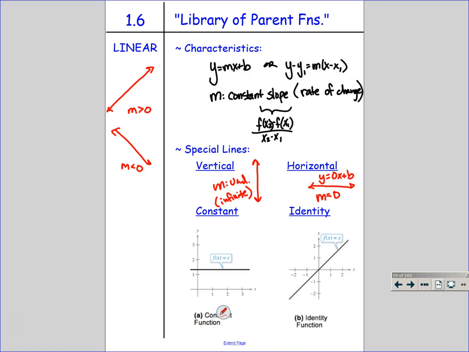The two most basic parent lines, or the strange category of special lines, are y equals c and y equals x. Y equals c is just a normal flat line at, say, 1.3. They're just trying to make it general: y equals c is going to be at whatever the constant is, whether it's 2 or -2, that's a flat line.